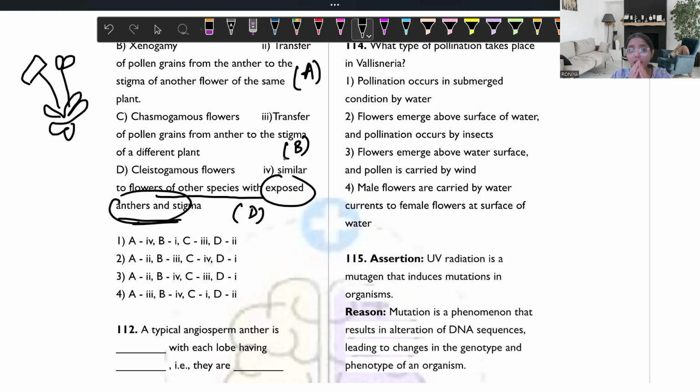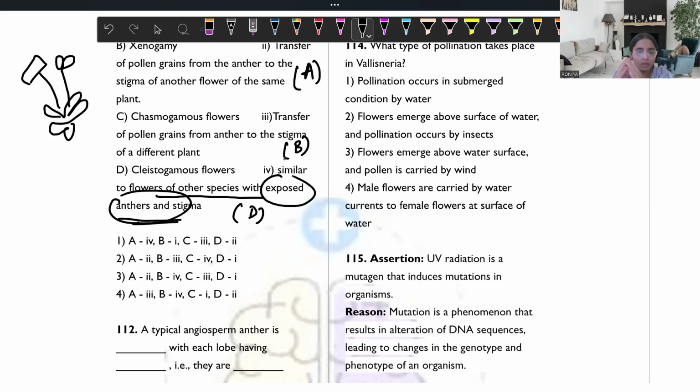In this, what is happening? The pollen grain of the same flower of the same plant will pollinate the pistil of the same flower of the same plant. Understood? And inside this, there is no requirement of a pollinator, because everything is happening inside this closed flower only.